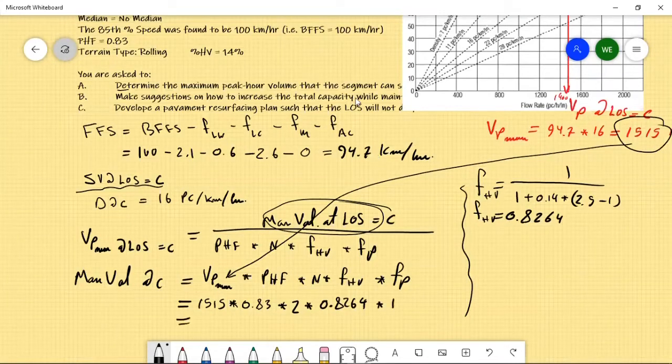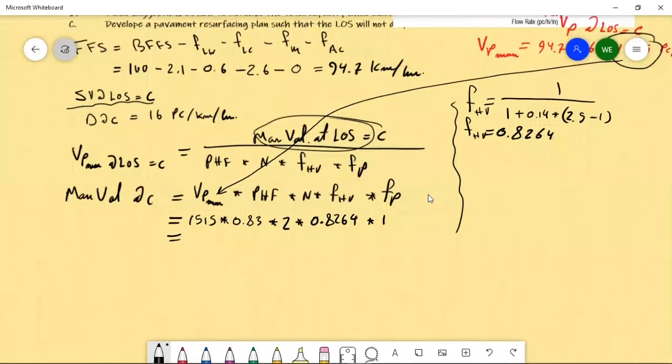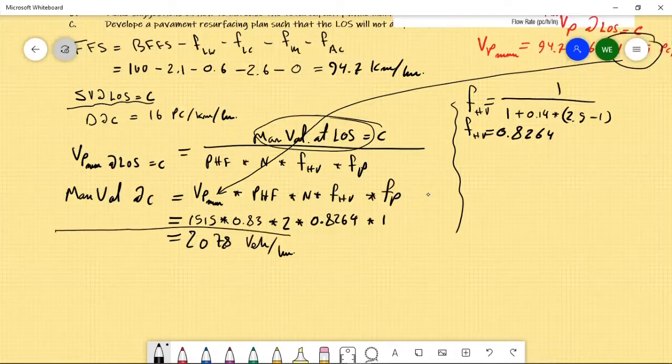So this will result in 2, multiply 0.83, multiply 1515. So it's 2078 vehicles per hour. So that's the maximum volume.